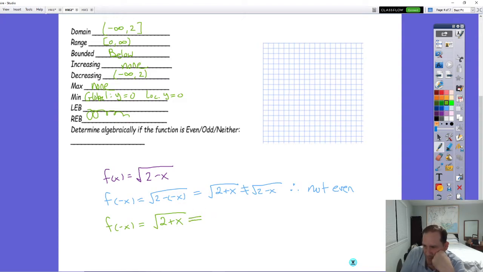So maybe at this point you would just say that's not equal to the opposite of the square root of 2 minus x. Here we're trying to be 2 plus x versus 2 minus x. I don't think it's a stretch to just say, hey, this thing is not the same as this thing. They're clearly different. Therefore, not odd. So, f of x is neither.